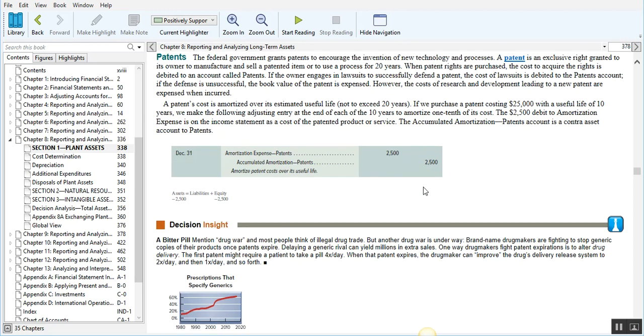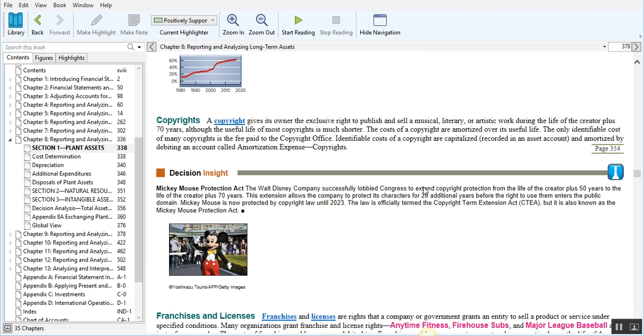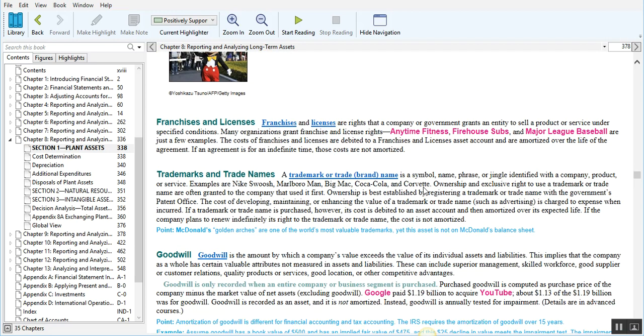That's going to be a debit of amortization expense, a credit to accumulated amortization. It's not called depreciation, but it works just like it, except we're going to be writing off the cost of this intangible asset over a period of time.